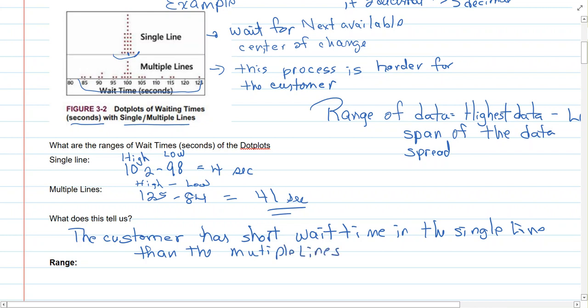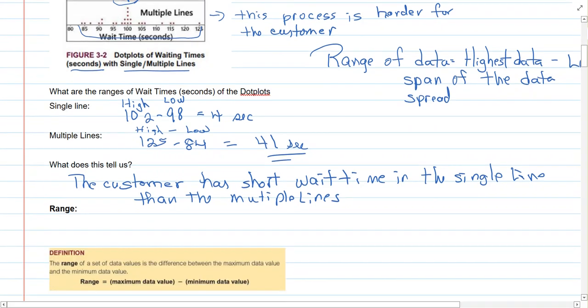So the customer is getting service quicker, and that always gets a happier outcome. So that's what range is.